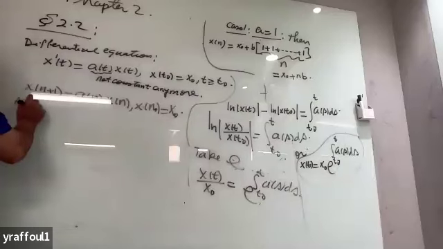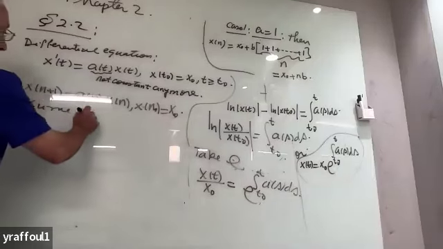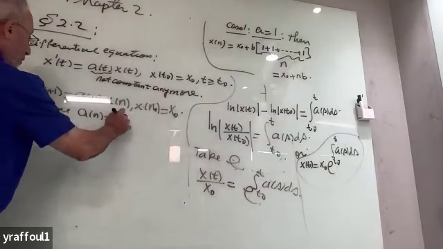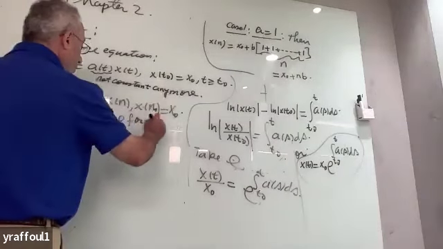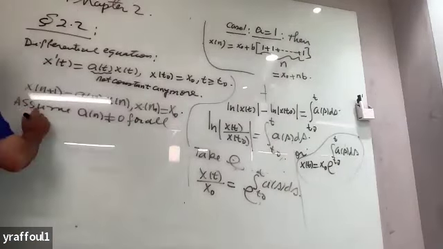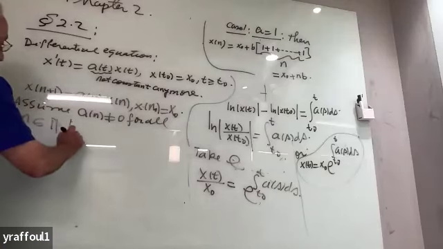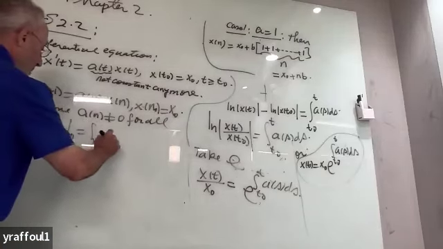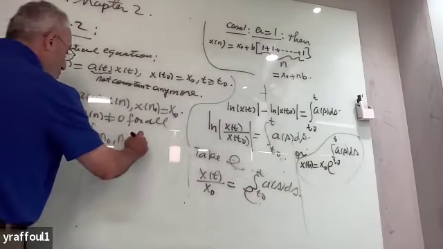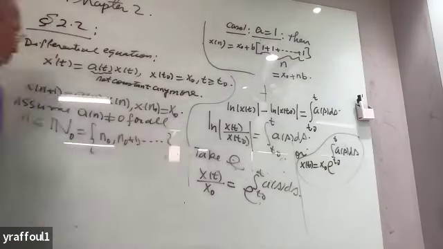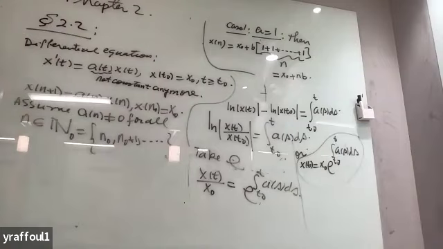We are going to assume a_n is not 0 for all n belonging to the integers n0, n0 plus 1, and so forth.